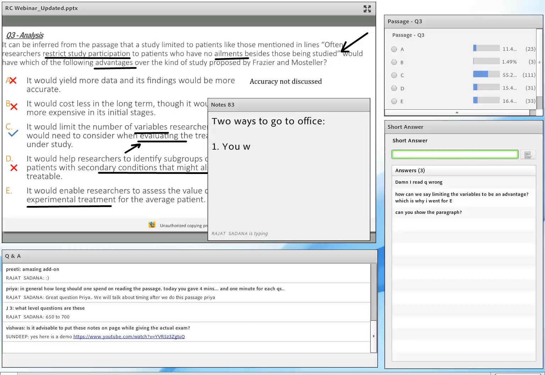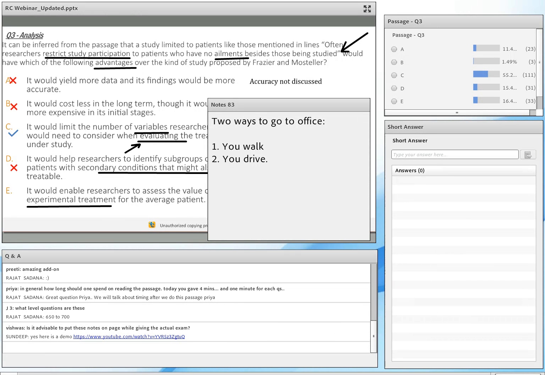One is you walk. The second is you drive. Assuming you're not in Bangalore, which way do you think is faster? Drive, right? Drive is faster.